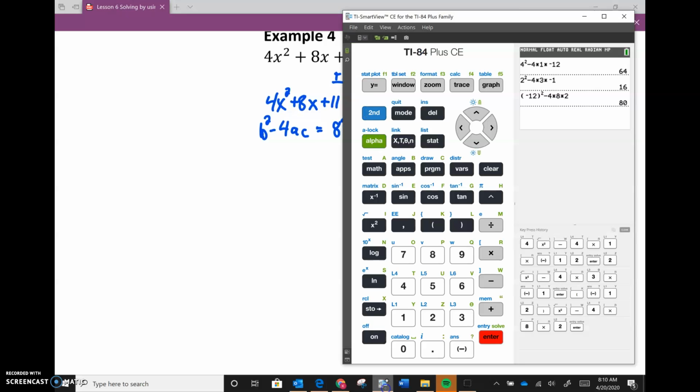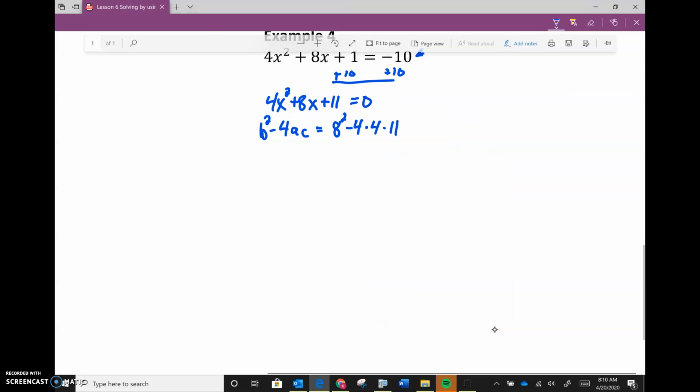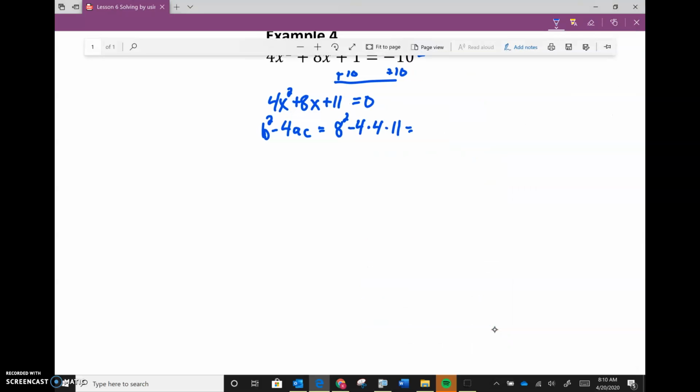If we plug that in, 8 squared minus 4 times 4 times 11. That'll give us a negative 112. And now, if you notice, this is less than 0, so we have 2 imaginaries.